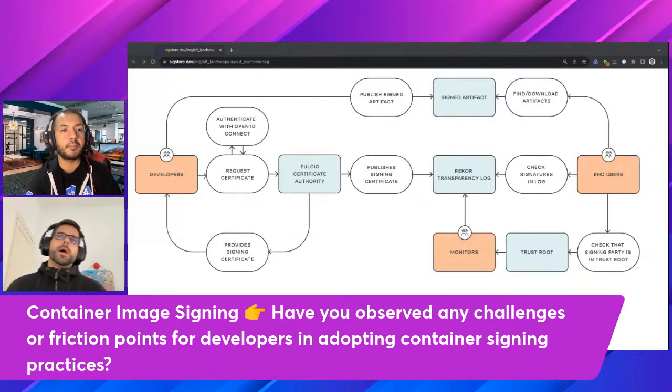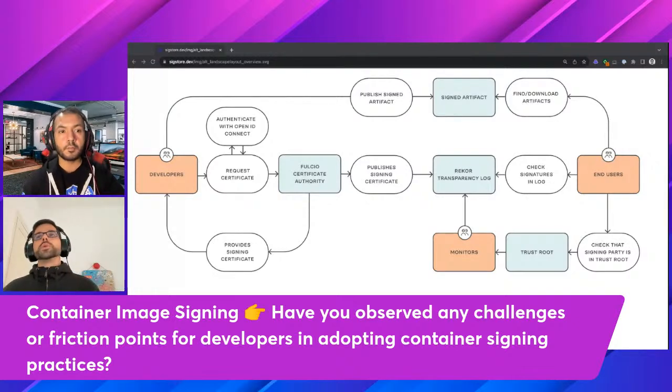Yeah, I personally haven't seen any major friction points for developers, as long as you ease their signing process and release them from any kind of key management, right? I understand that from a developer perspective, the current signing technologies look complex, but we are in a better place in terms of security knowledge for supply chain security than we have been in the last years.